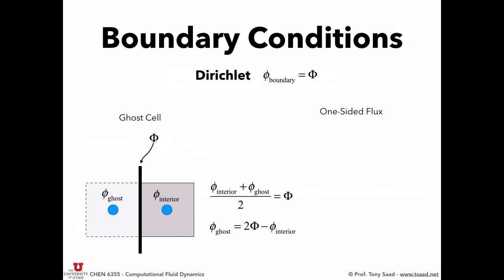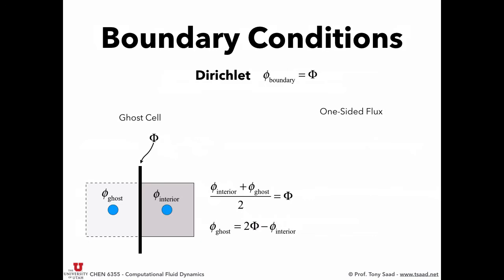But one strategy that's up to second order accurate is to use a ghost cell. So we saw the ghost cell concept where you can store temporary values to allow speedy and easy calculations. And we can use the same concept here, and we can imagine that there exists a ghost value outside the computational domain such that the average of the interior and the ghost, in this case, so that's a second order approximation, produces the boundary value.